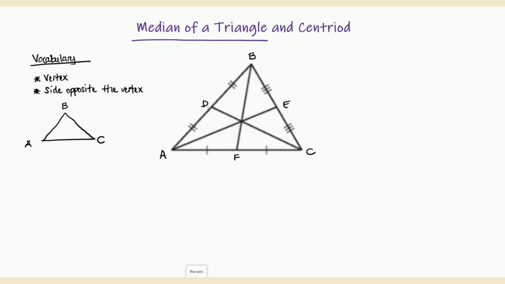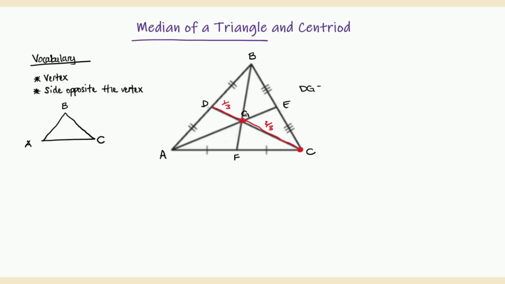So let's use DC. Let's use this median this time. Again, from the vertex to the centroid represents the 2/3 portion, and then from the centroid to the midpoint would be the 1/3 portion. Let's say that DG is 7.